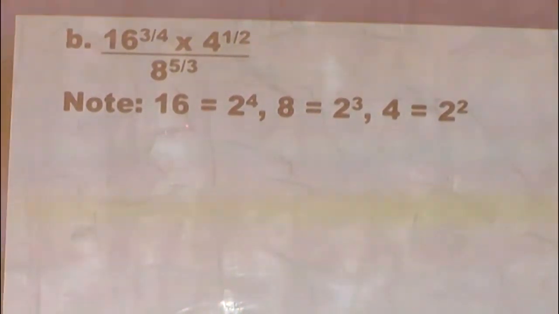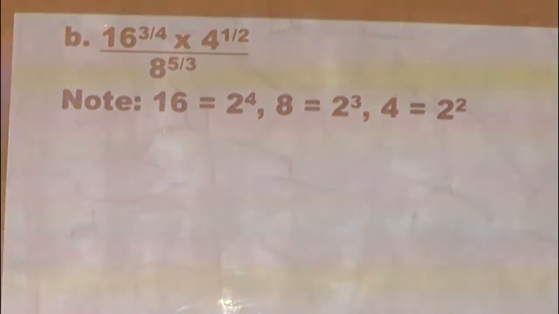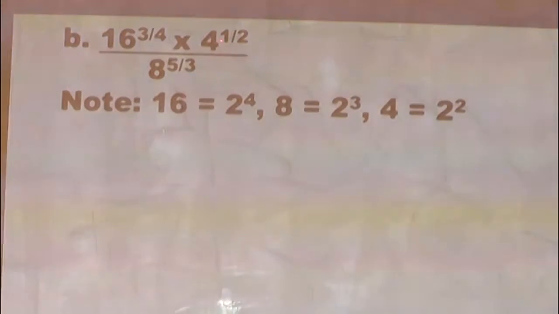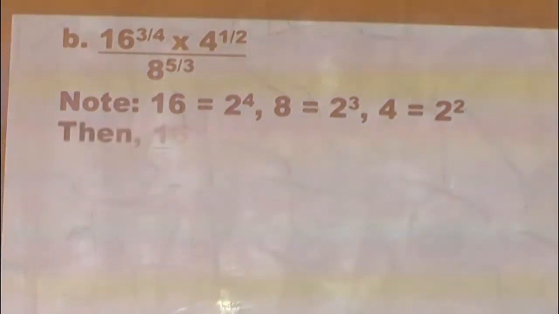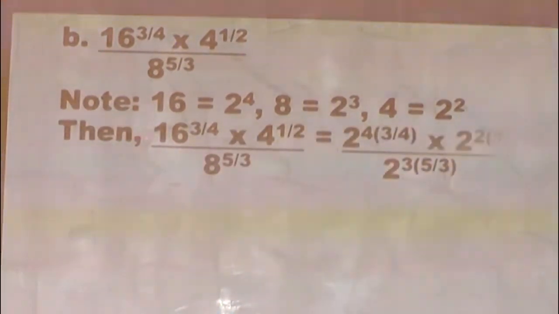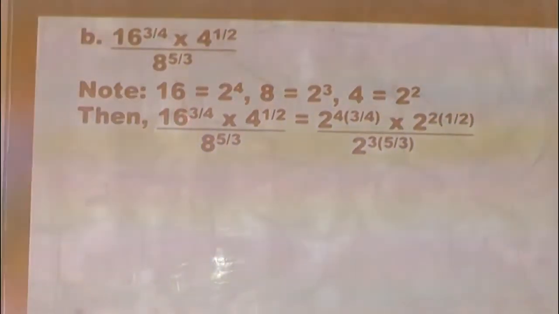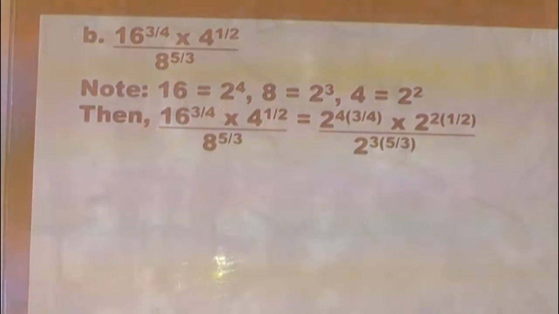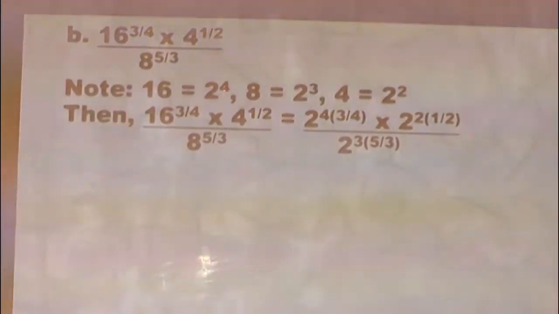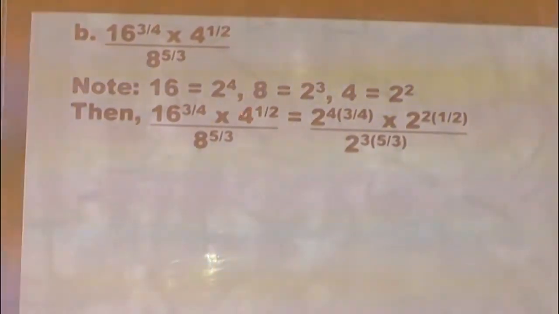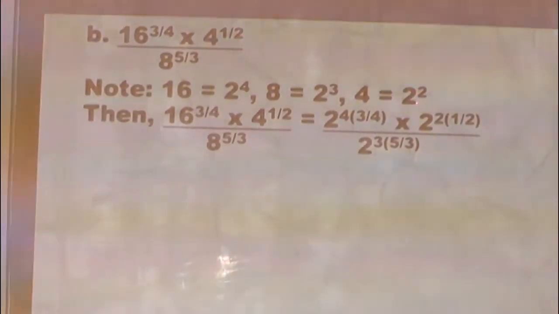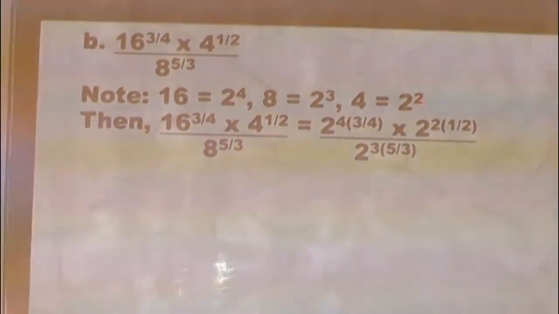So instead of this 16 to be reflecting in our initial expression, we can now remove the 16 from there and replace it in this expression and put this 2 raised to the power of 4 there. You remove this 4 from this expression and put this 2 raised to the power of 2 there.